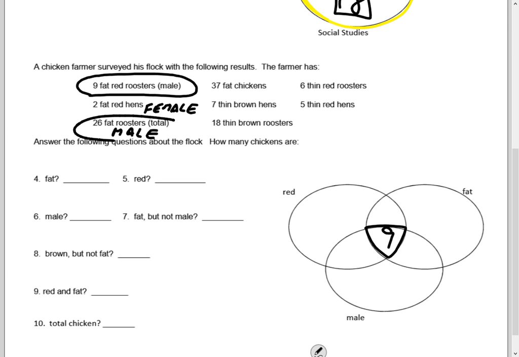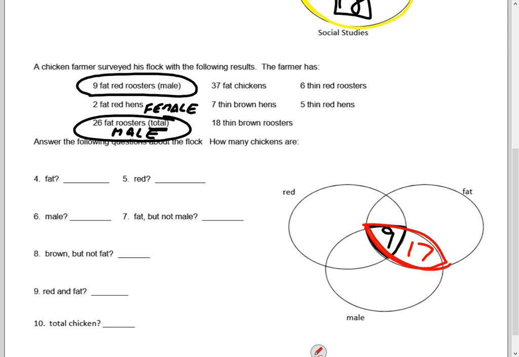I would jump to this one next, because fat is one of my main sets. Is male one of my sets? Yes. So that's describing, in total, this section right here. How many are already in there? So if 26 has to be the total in there, I need 17 there.